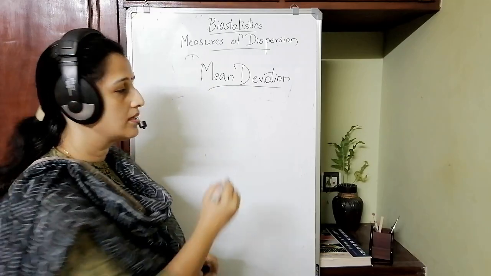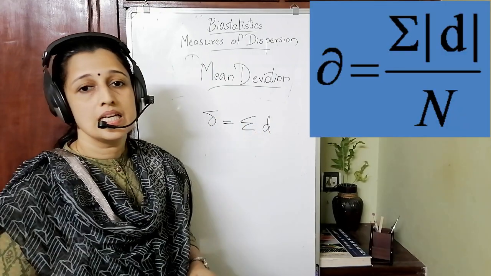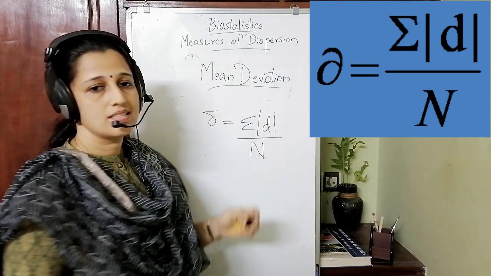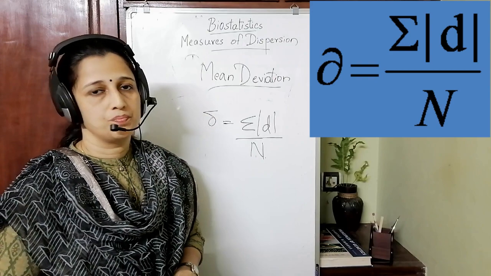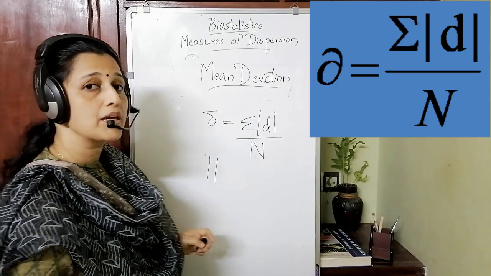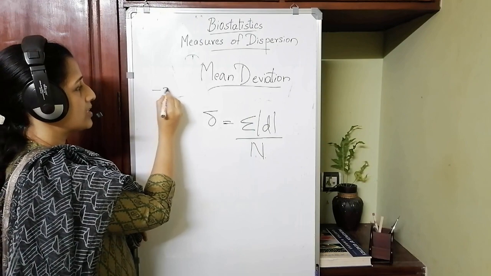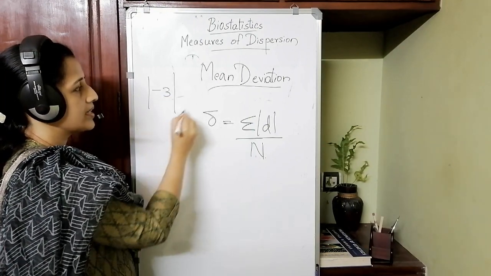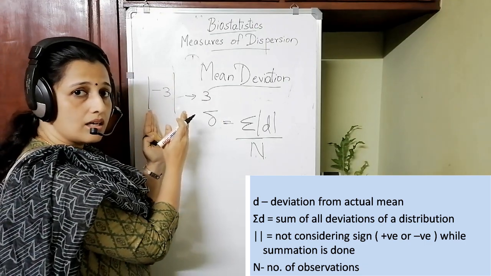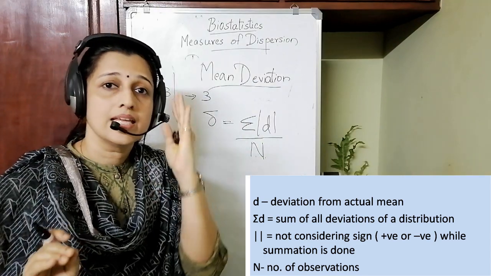To calculate the mean deviation, delta is equal to sigma of absolute d, and here we use two lines which signify the absolute value. I am explaining this for biology students: if you have a negative value, -3, and you put two lines like that, it is equal to 3 only, because when we put two lines on either side of the number, negative or positive, you have to ignore the signs.